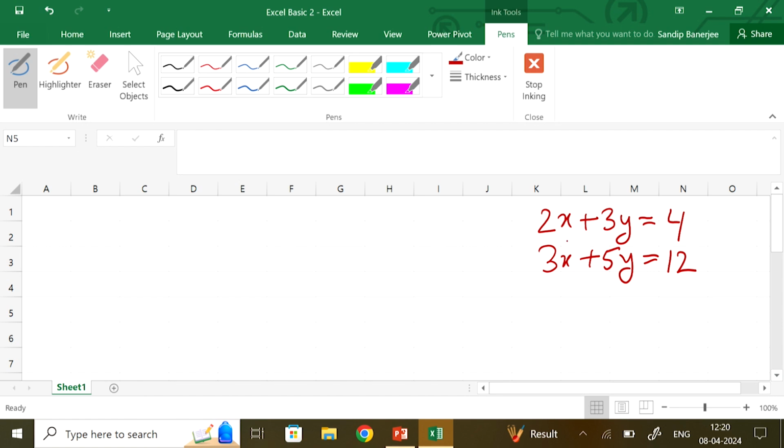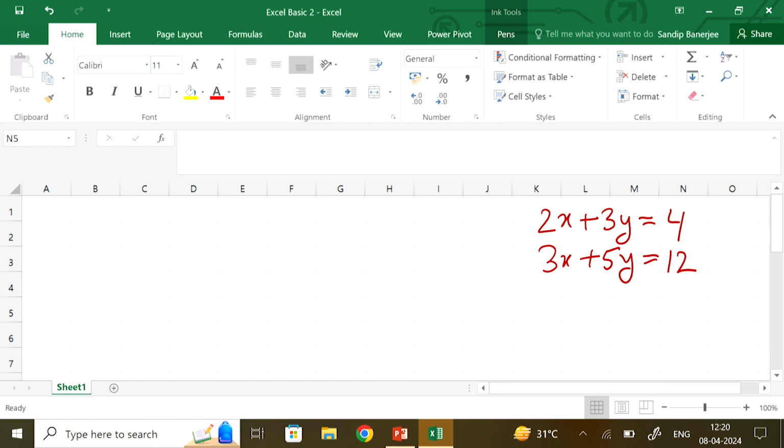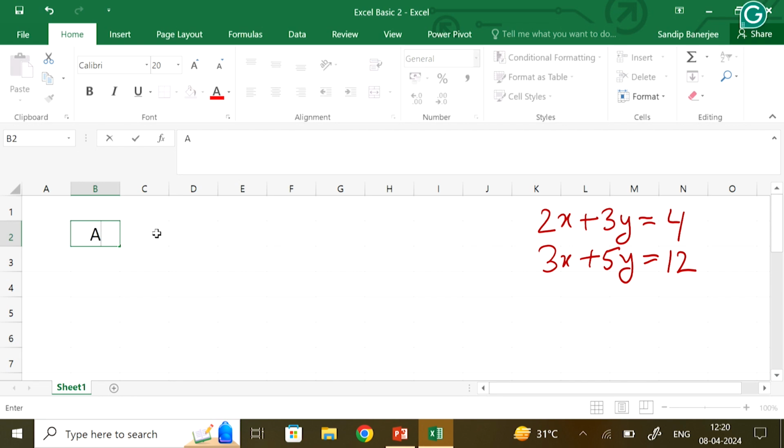So, the first thing is you write them in the matrix form. Say capital A, the values are 2, 3, 3 and 5.